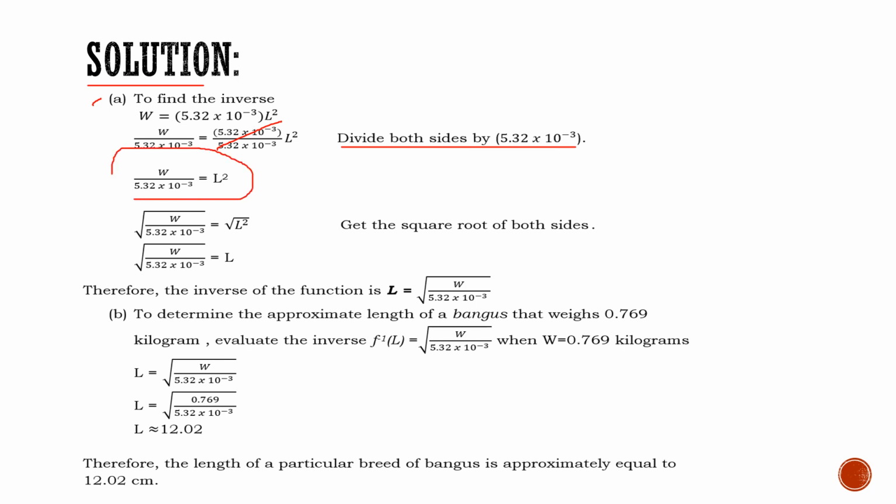As you can see here, L square is equal to W over 5.32 times 10 raised to negative 3.